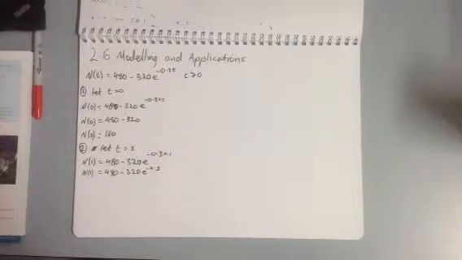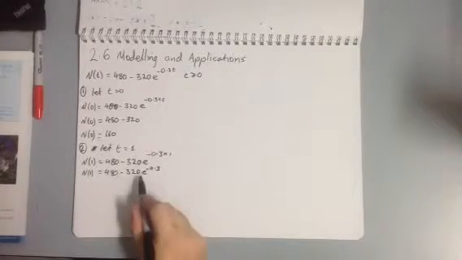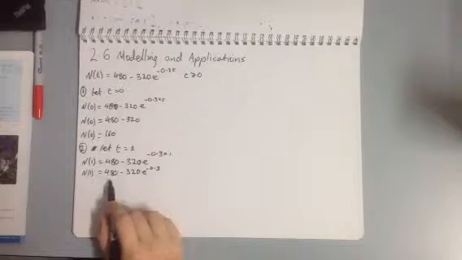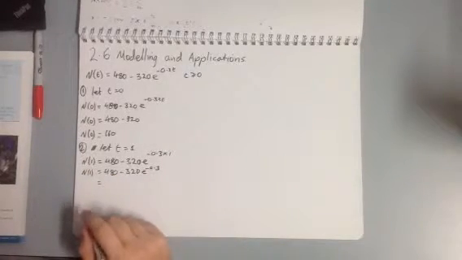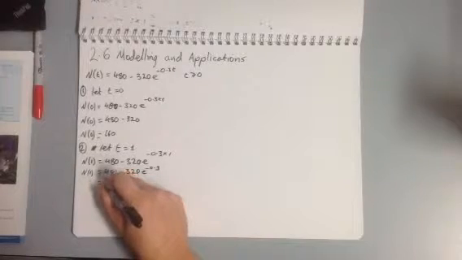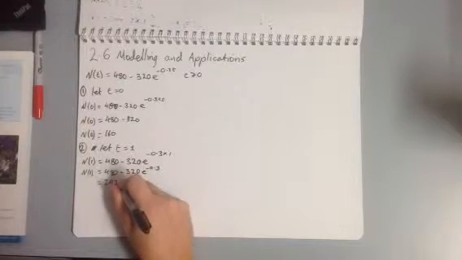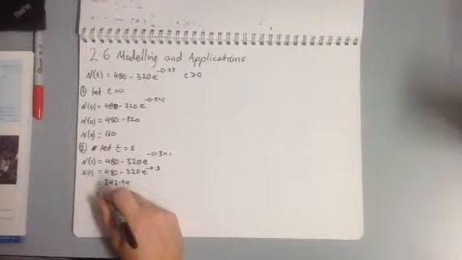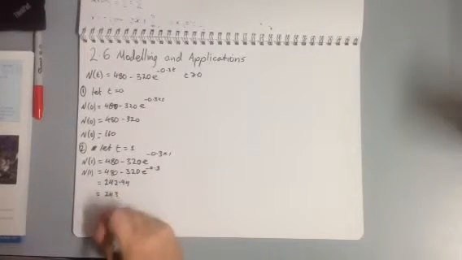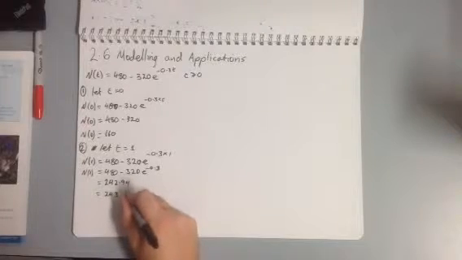At this point it's just a calculator job. We won't be asked to do anything more with this. We don't want an exact value, we want a decimal answer. When you put that in your calculator, we end up with 242.94, which means we round up to 243 foxes.